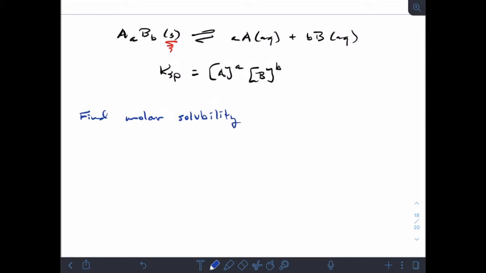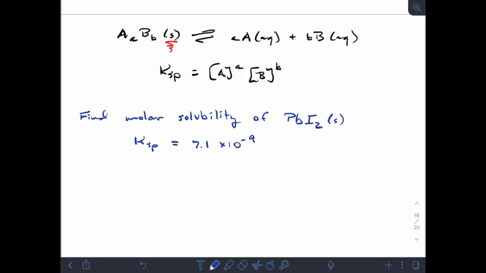So let's say find the molar solubility of lead iodide. All right, and you'll be given a Ksp. In this case, it's 7.1 times 10 to the minus 9. All right, so looking at the magnitude of K there, we know that not much is going to dissolve.